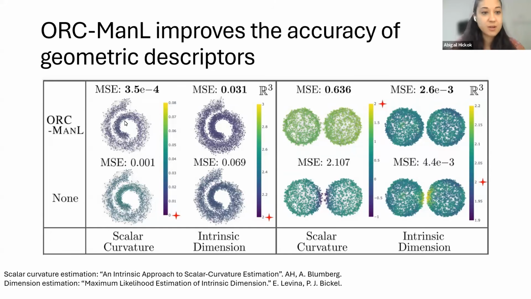We get an estimate that's much closer to the correct answer of 0. Also for dimension estimation, we do a better job with that. And with the sphere data set as well, our scalar curvature estimate is much closer to the correct answer of 2. And our dimension estimate is also a lot closer to the correct answer of 2.